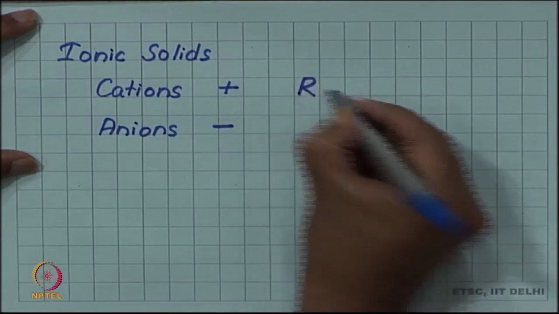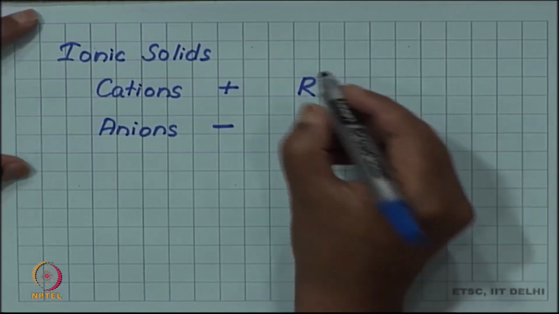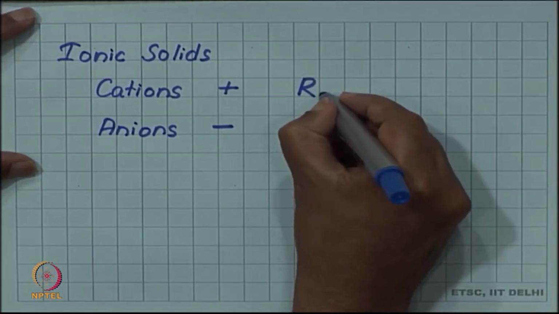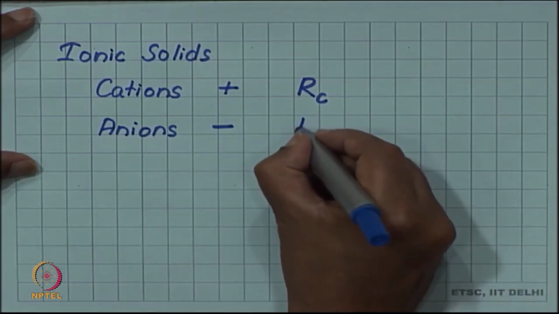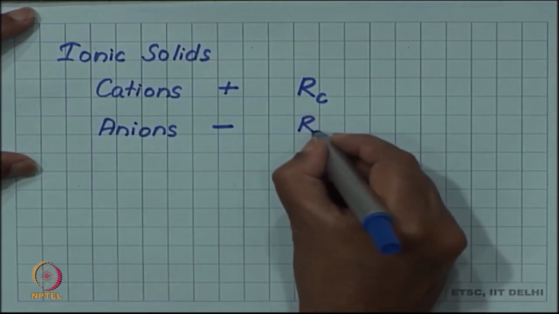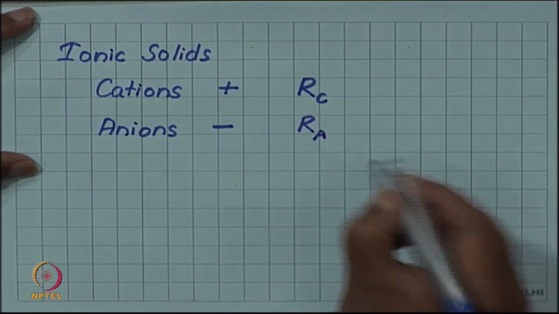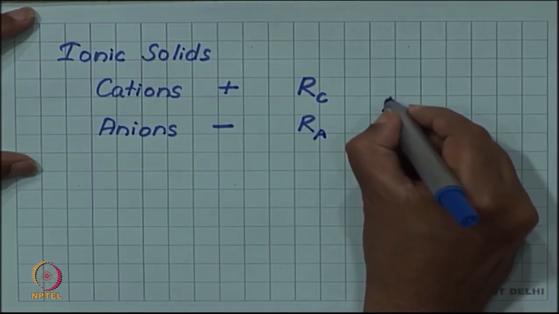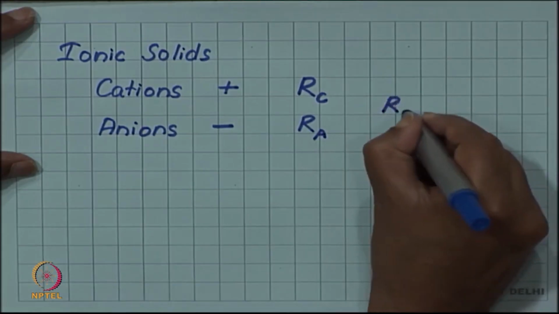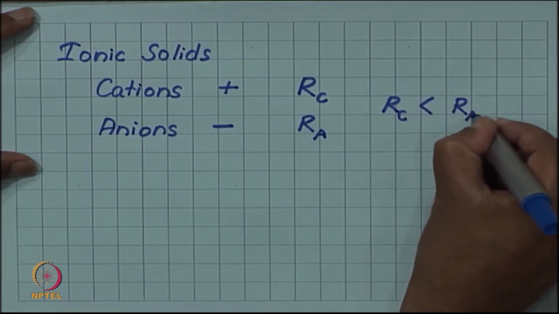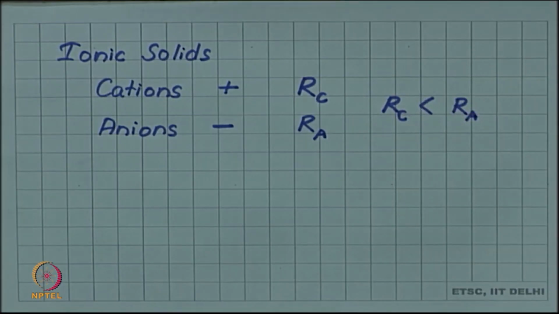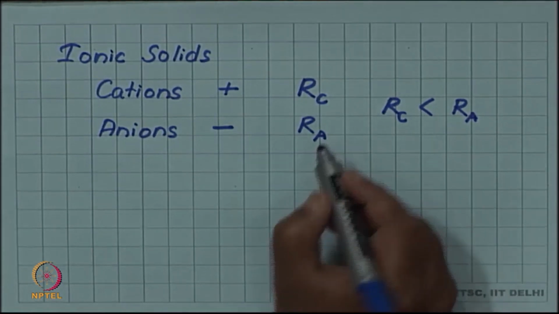So, usually their size, let me call it R cation, the radius of the cation, and R anion, the radius of the anion, and usually cations will be smaller in size than anions, because anions are gaining electrons. So, it may add extra orbitals to gain those electrons to form the anion.